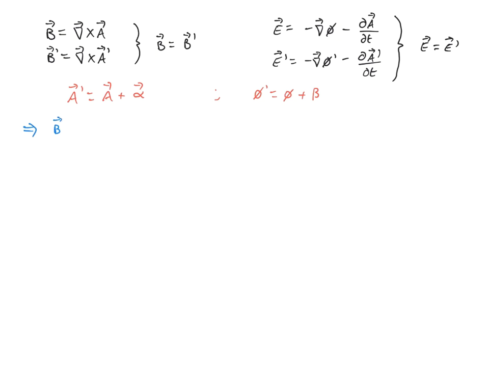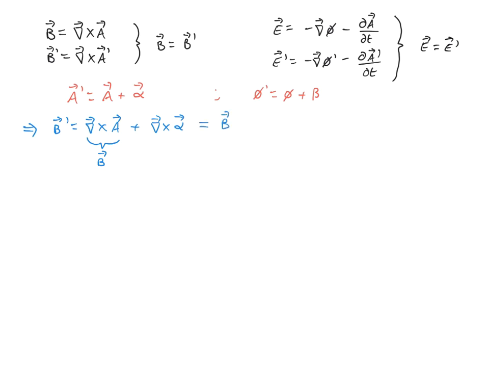Well, B primed is equal to the curl of A primed, which is therefore equal to the curl of A plus the curl of alpha. The curl of A is, by definition, of course, the original magnetic field B. And the whole point is we want the magnetic field to be invariant to this transformation.